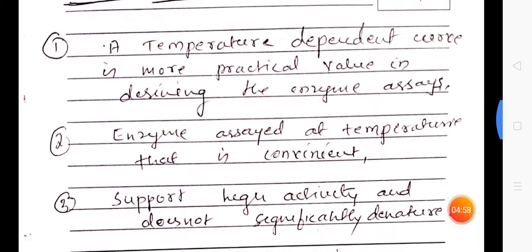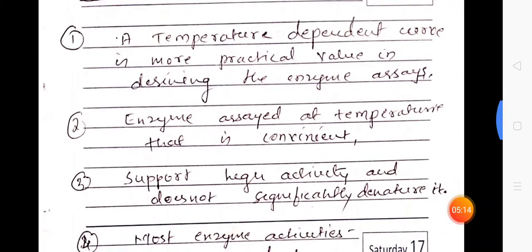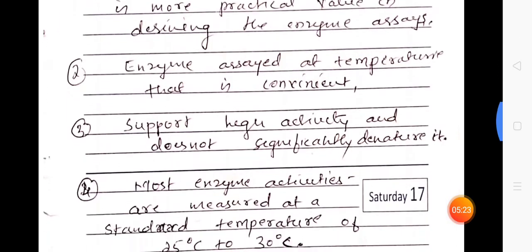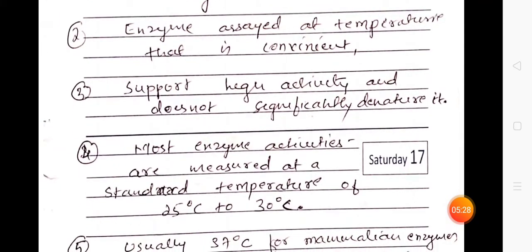Some important points: a temperature dependent curve is of practical value in designing the enzyme assay. Once you do the practical and plot the graph, you get a temperature dependent curve, used for designing the enzyme assay at a temperature that is convenient, supports high activity and does not significantly denature the enzyme.